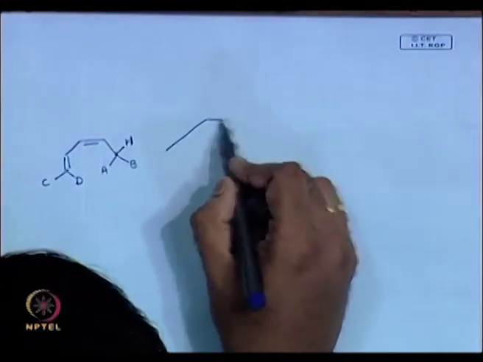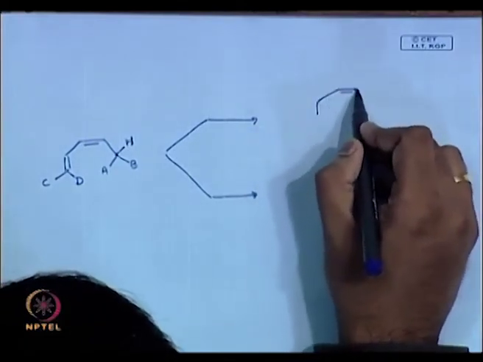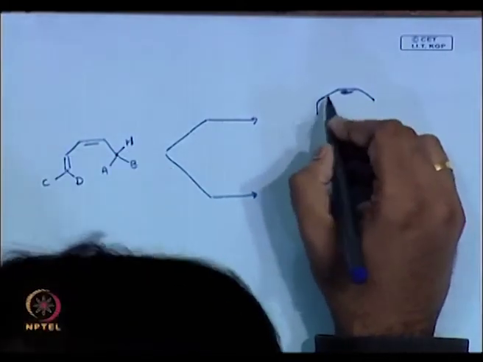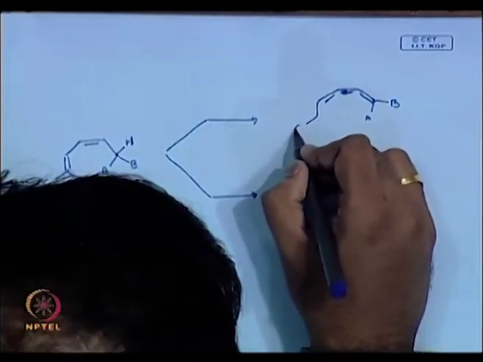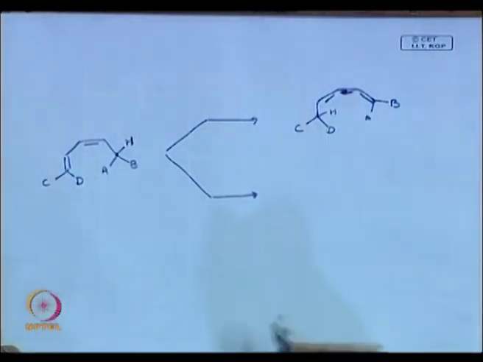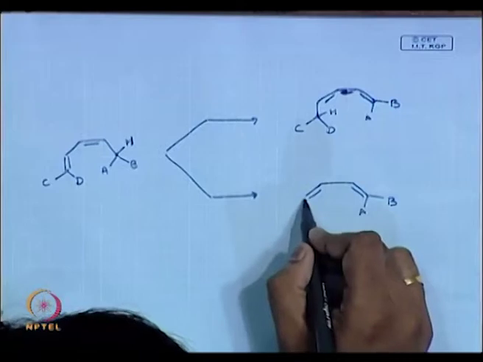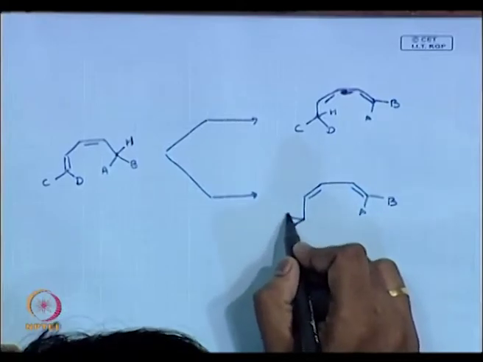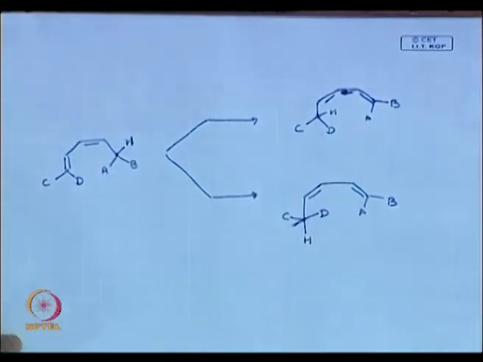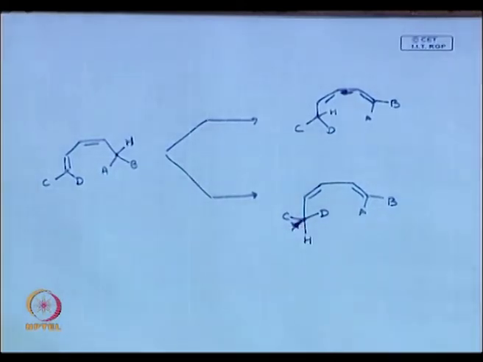Or your C can be like this. So, you have a C, D, hydrogen and this, okay.